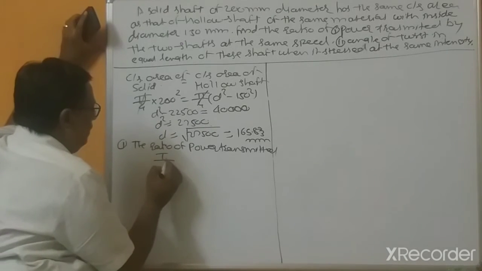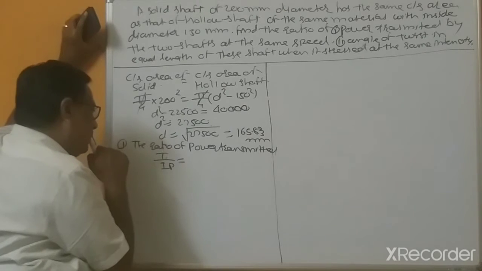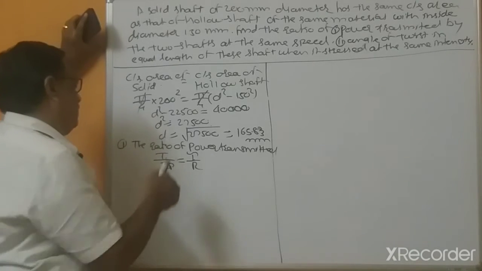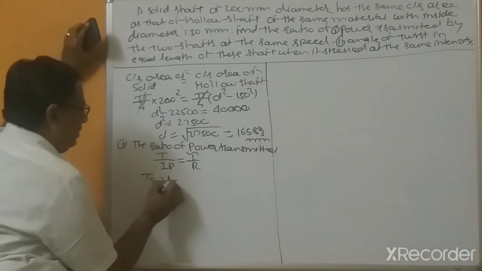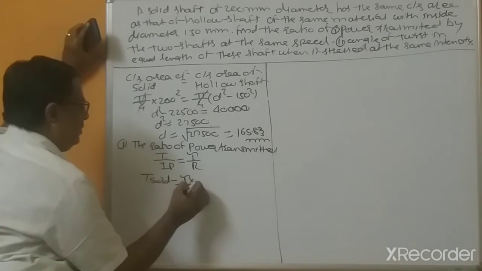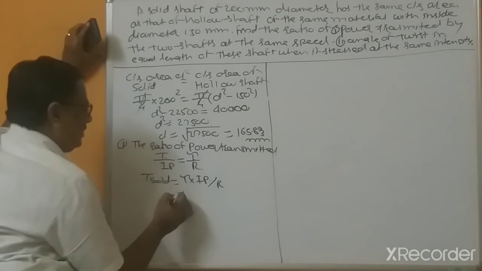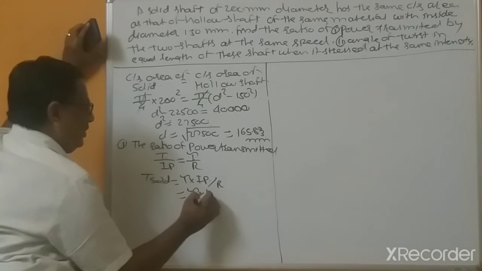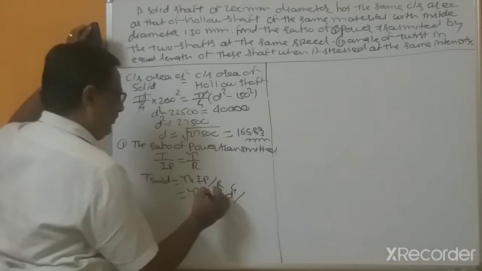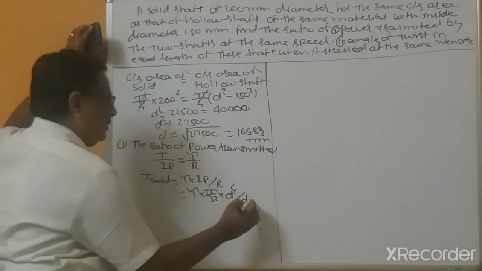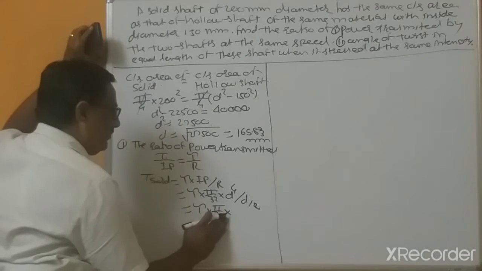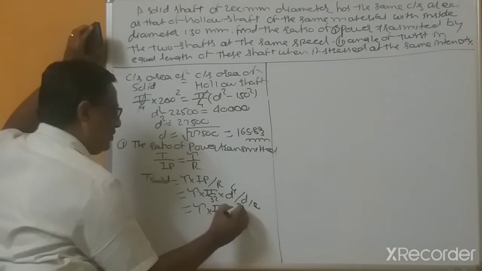We use T divided by polar moment of inertia equal to tau divided by R. So for the solid shaft, T equals tau into Ip divided by R. Ip is pi by 32 d to the power 4, and R is d by 2. You will get pi by 16 tau d cube.